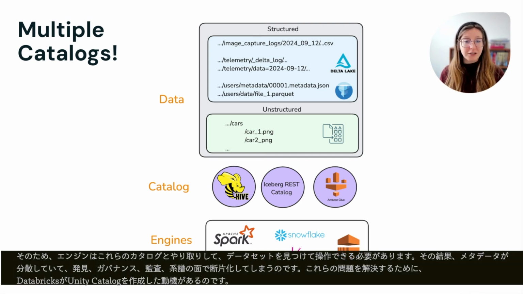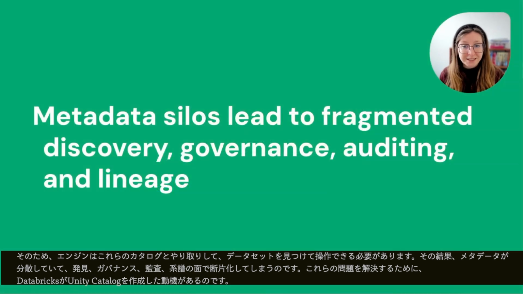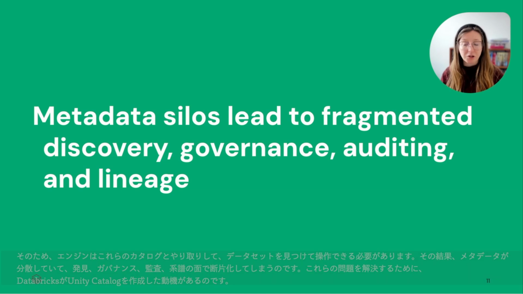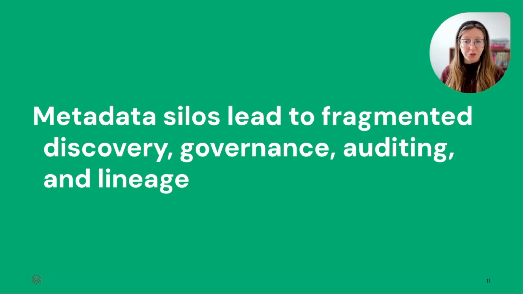And you need your engines to be able to interact with those catalogs to find those data sets and interact with them. So what we end up having is metadata that is siloed and fragmented in terms of discovery, governance, auditing, and lineage, all those things that we were trying to achieve before.